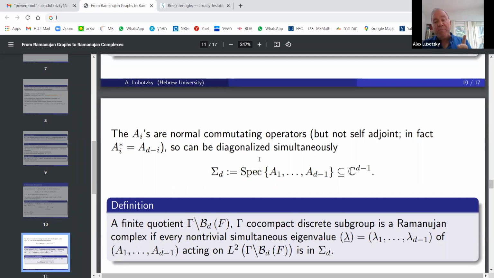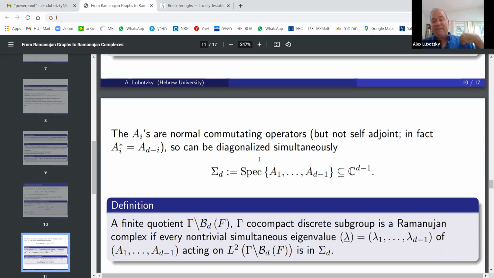So if we diagonalize them simultaneously, we can think about the spectrum of the infinite complex. I'm looking for the analog of Kesten's theorem. Kesten's theorem told us that the spectrum of the k-regular tree is the interval between minus 2 square root of k minus 1 and plus 2 square root of k minus 1. Now, the spectrum is not just a set of real numbers.